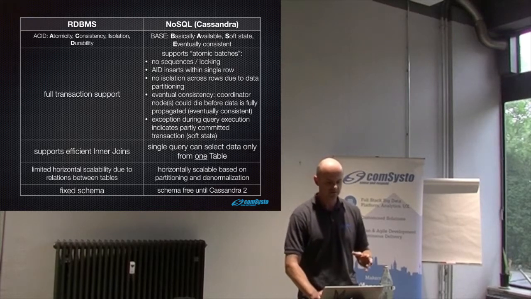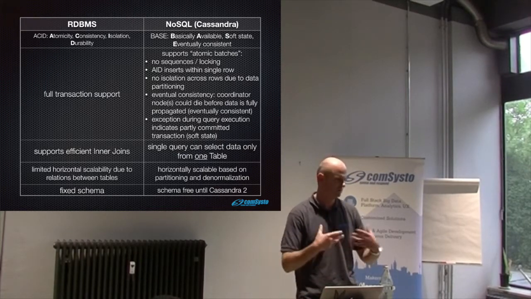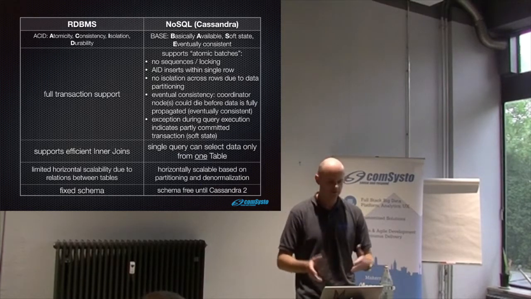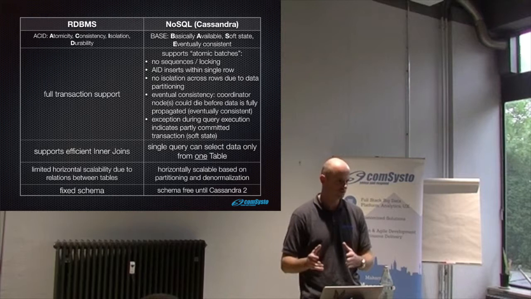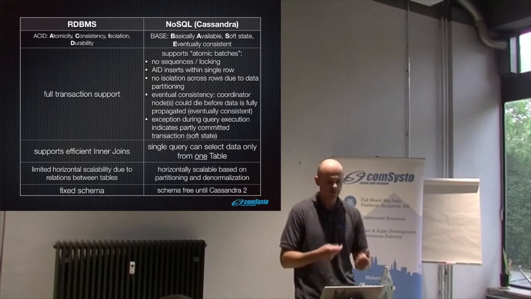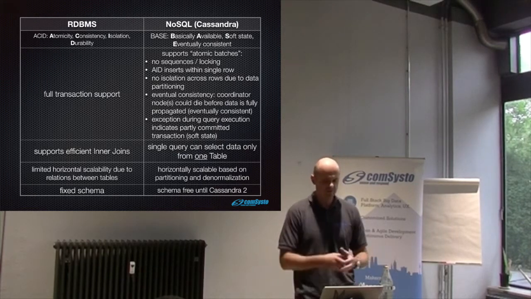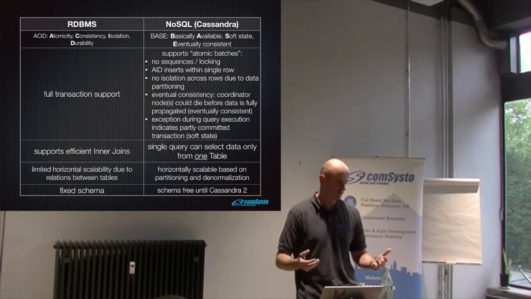In the RDBMS case, we are committing resources to ensure that everything will go fine. So once you have a transaction here, you can be 100% sure whether it will succeed or not. But on the other hand, you have to commit resources to it, so you have to give up some features like scalability, performance, partition tolerance, and so on.